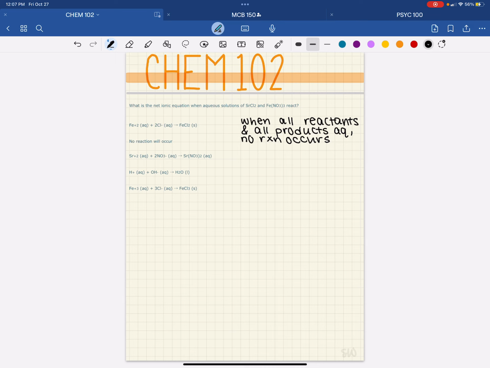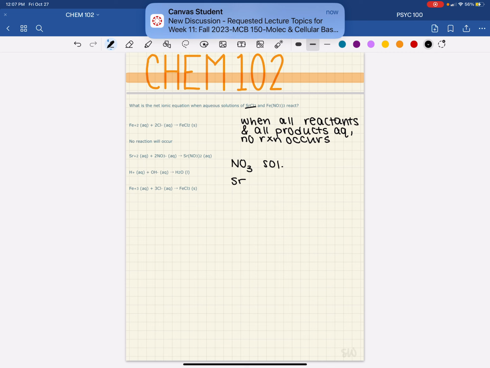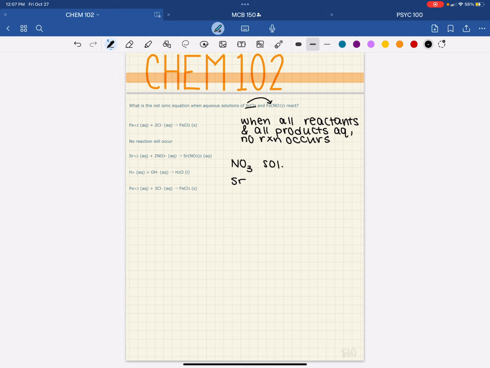What is the net ionic equation when aqueous solutions of strontium chloride and iron nitrate react? According to our solubility rules, NO3 is soluble no matter what. So strontium has to be soluble because strontium chloride is already soluble, that's given, and if it's switching to NO3, it's still going to be soluble.